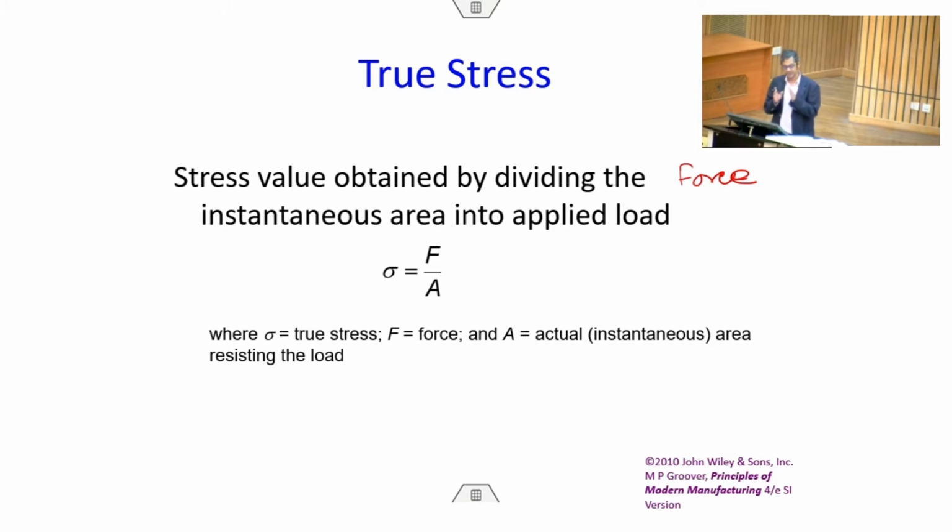F anyway you know, how much force you are applying. So, you are using the actual area here, not the original area. Original area was known before the beginning of the test, but as the test goes on, the area decreases because you are lengthening the sample.